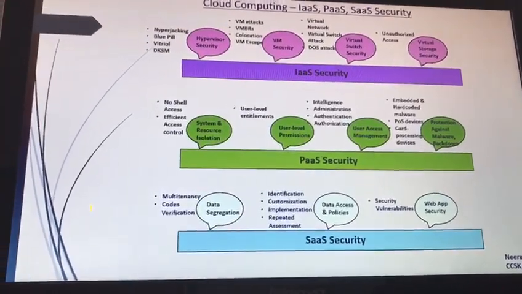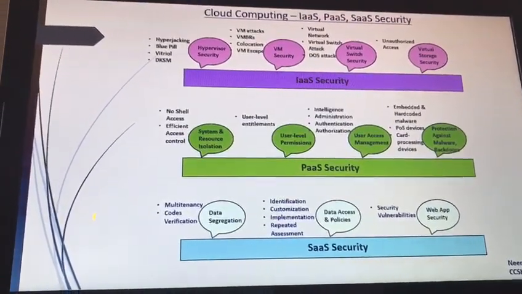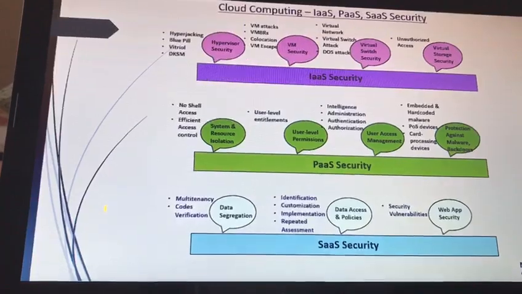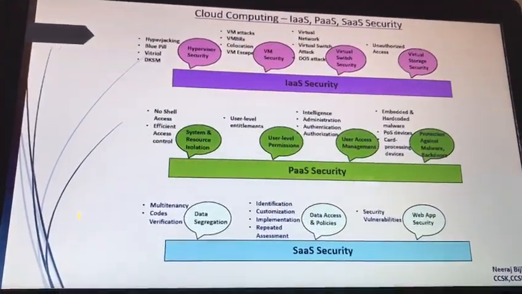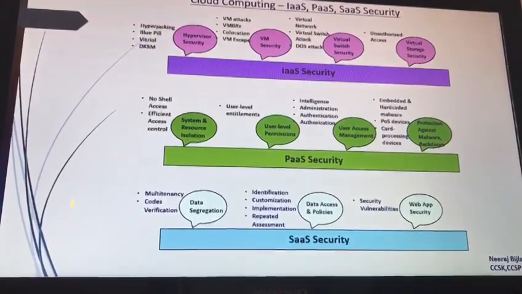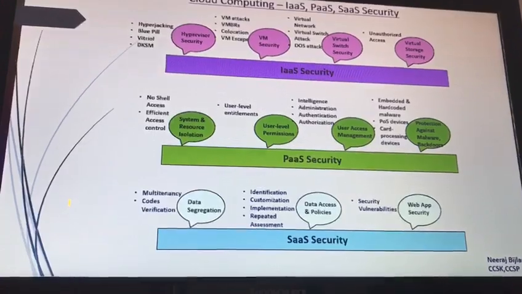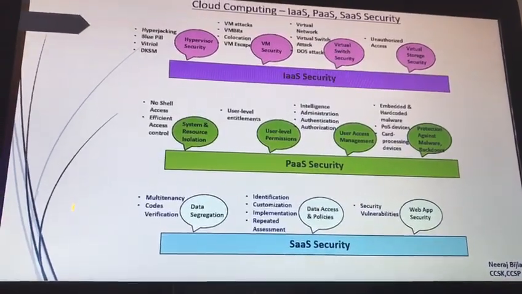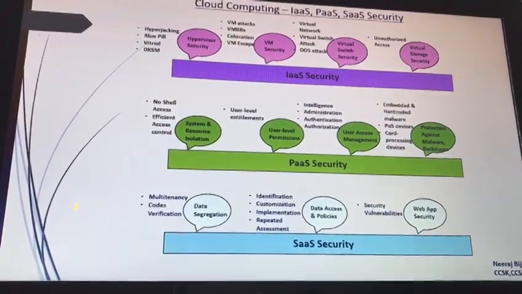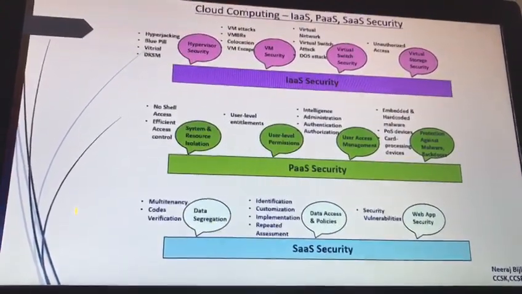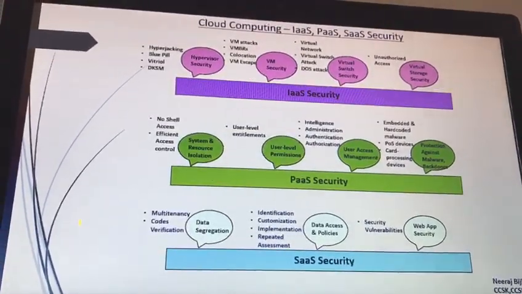Blue Pill is nothing but a hypervisor rootkit using AMD Secure Virtual Machine. This is also one type of hypervisor attack. Another is Vitriol, a hypervisor rootkit using Intel VT-x, and another one is DKSM, direct kernel structure manipulation. That manipulates the kernel level of the hypervisor, which increases the attack surface of the hypervisor.